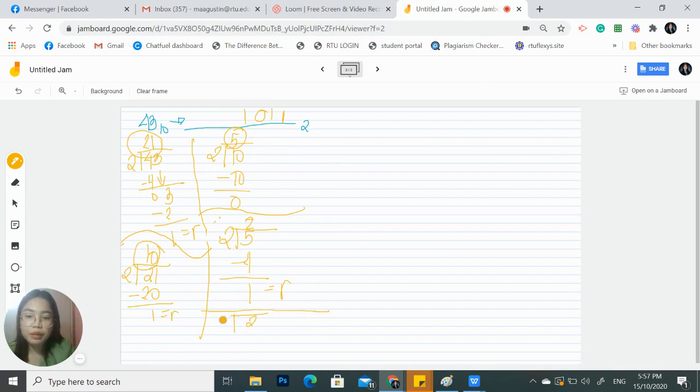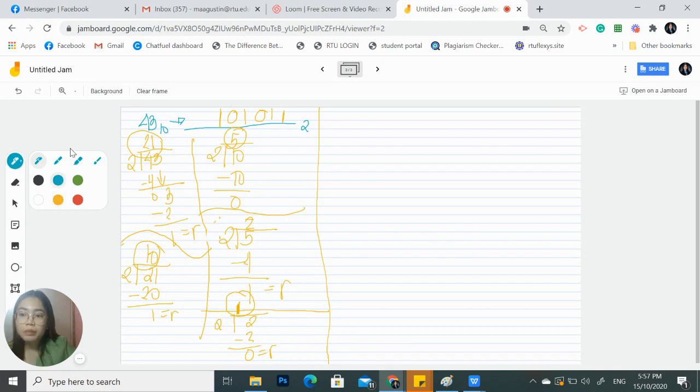So 2 divided by 2 will be 1. 1 times 2 is 2, so we have 0 here. And we have 1 here. So this will be the most significant digit. Let's check if our answer is correct. We have 1 0 1 0 1 1.